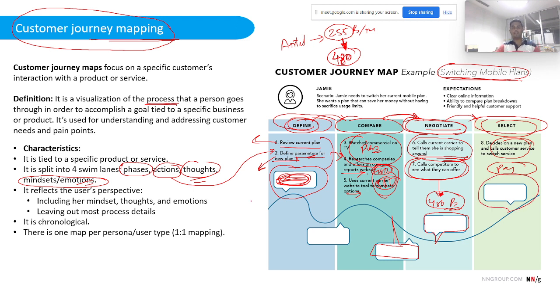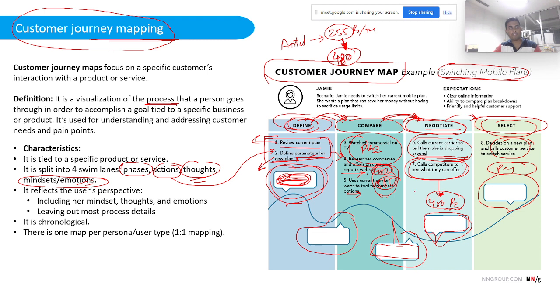So this way of mapping, which is customer journey mapping, allows you to understand the important phases of activities, the underlying sub-activities, then the thought processes, mental emotions or mindset that the user came across in that particular phase, and those also you can record and represent for later inquiry.